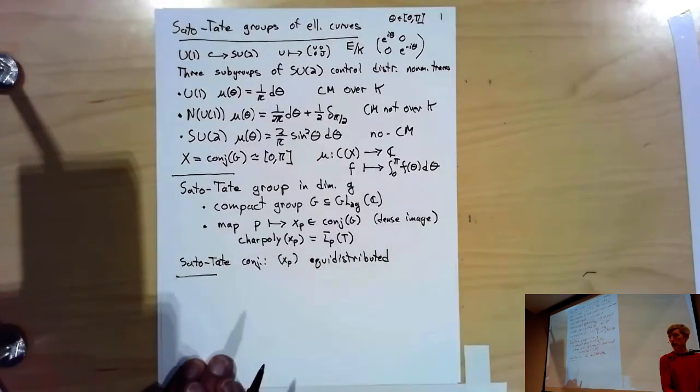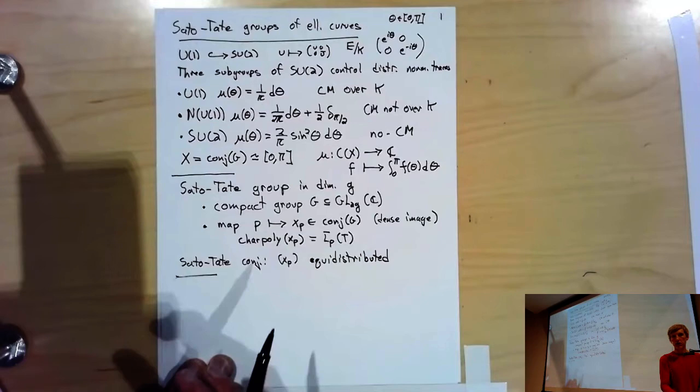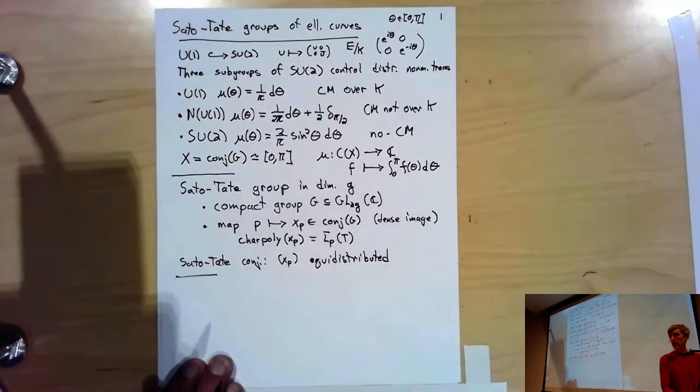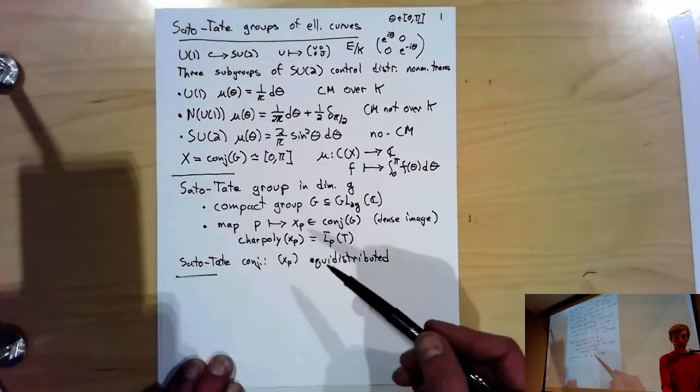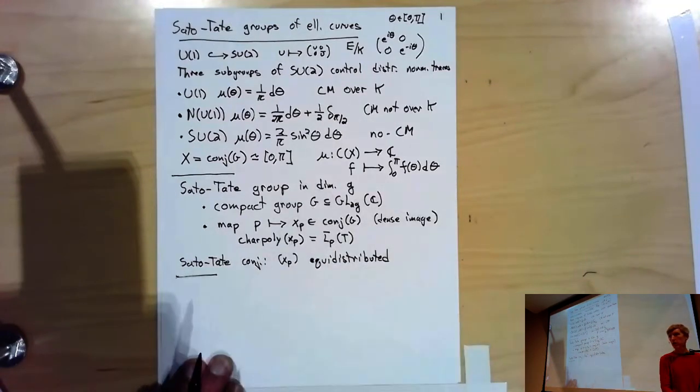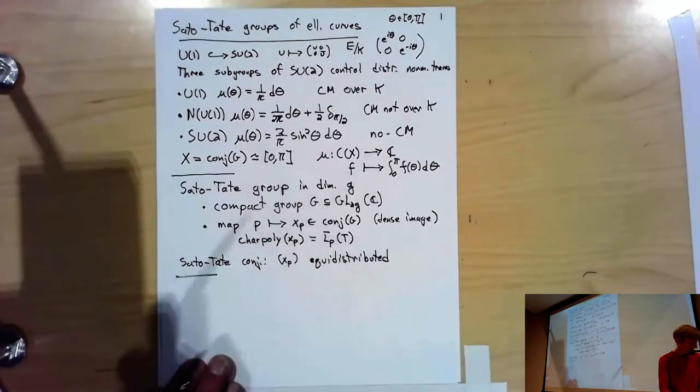Probably I want it to have rational coefficients, and I could ask equidistribution questions about that sequence of L polynomials, and then I might look for a way to associate a group whose Haar measure would give me the distribution of those L polynomials. So this is a very general setup.